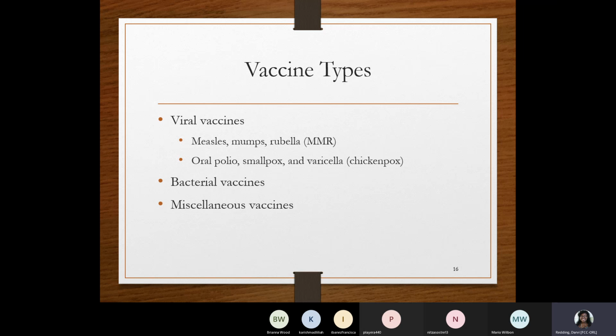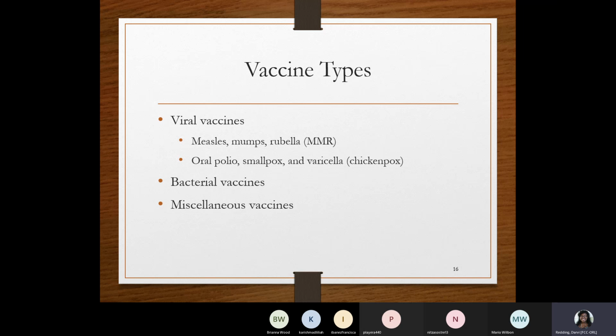And so one of the vaccines available are viral vaccines. And so you have viral vaccines for the measles, the mumps, and the rubella. And so the type of vaccine for that is going to be the MMR. And so you also have viral vaccines for chickenpox, such as oral polio, smallpox, and varicella. You also have bacteria vaccines and also miscellaneous vaccines.